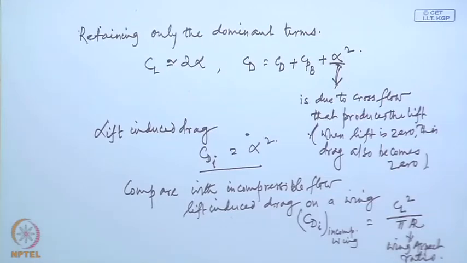And even if we consider that in incompressible flow C L according to the linearized theory over a flat plate becomes 4 pi alpha, there is an aspect ratio term present here which was not present in our result.